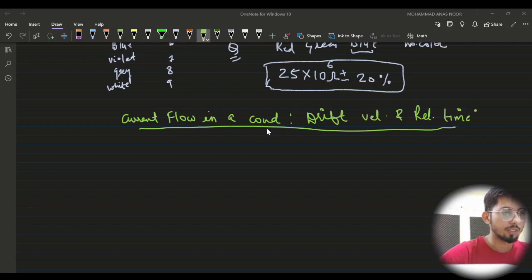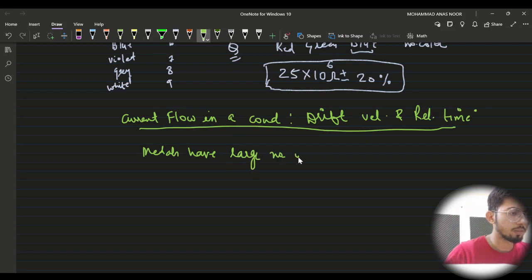So to understand this, we consider conductors, because we are dealing with conductors only. Let's say we have a metal, and metals have a large number of free electrons. Their outer shell has electrons.